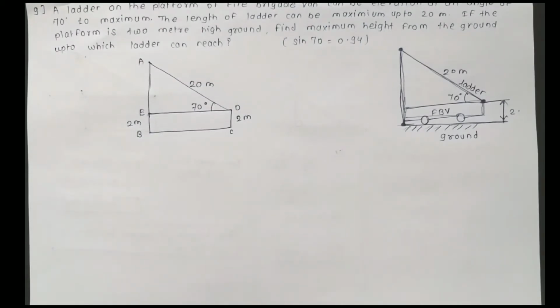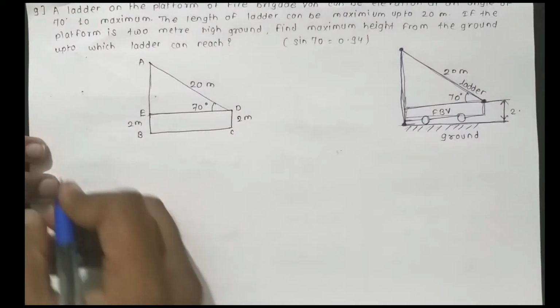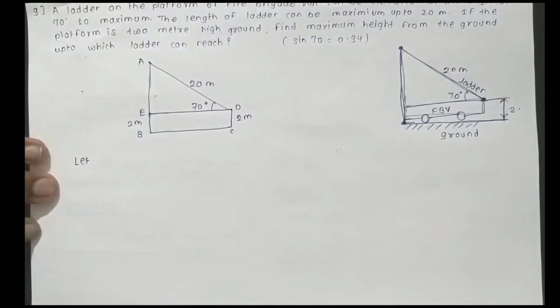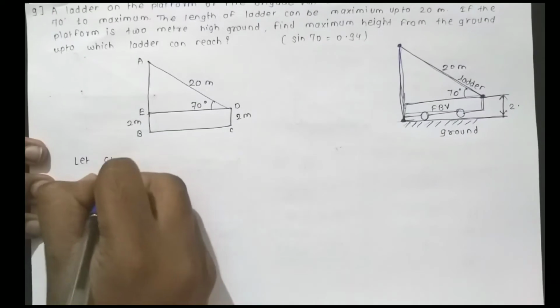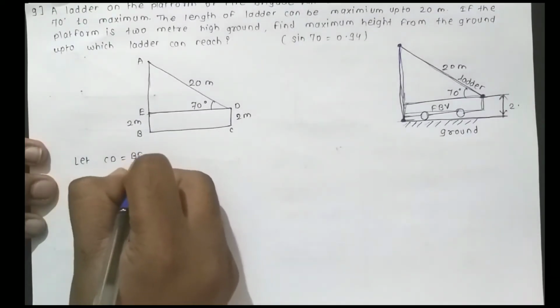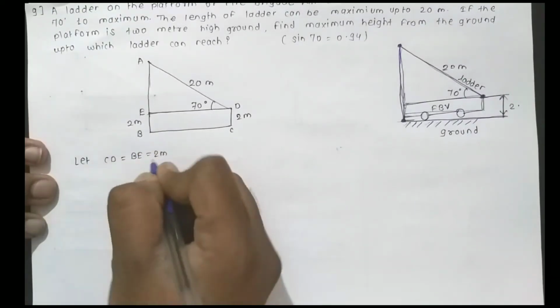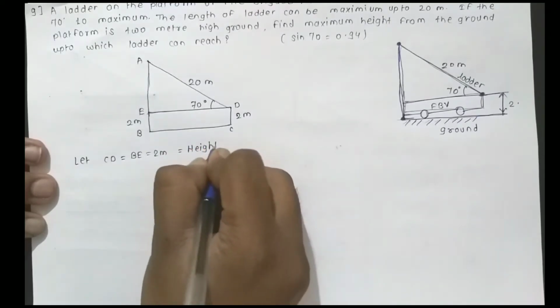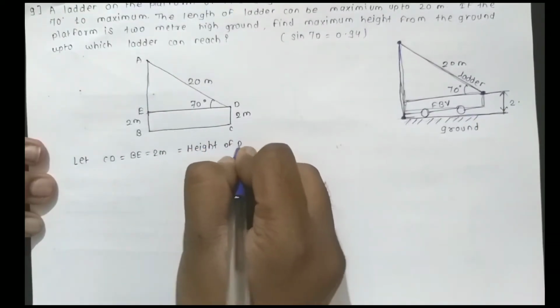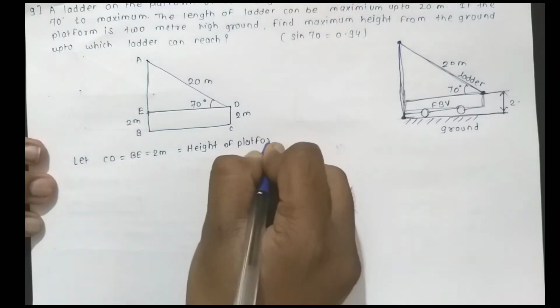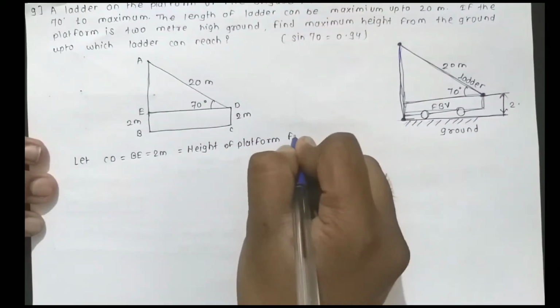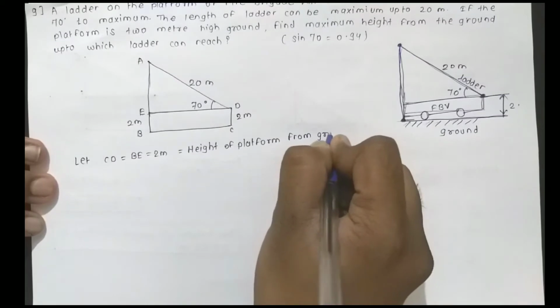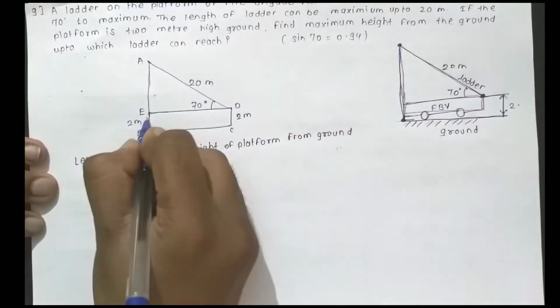Okay. Then write the information. Let CD is equal to BE is equal to 2 meter is equal to height of the platform from ground, right?